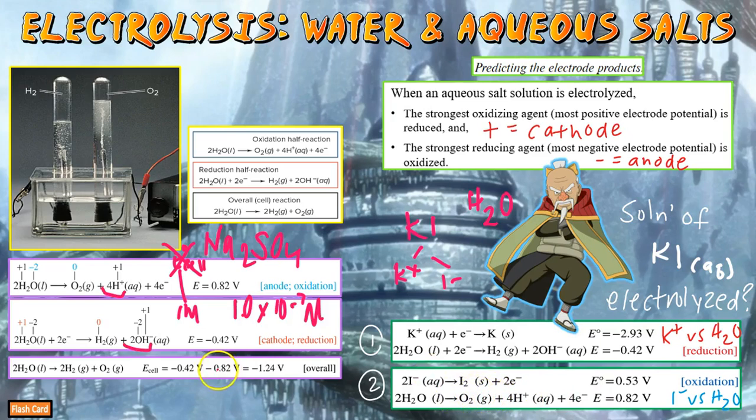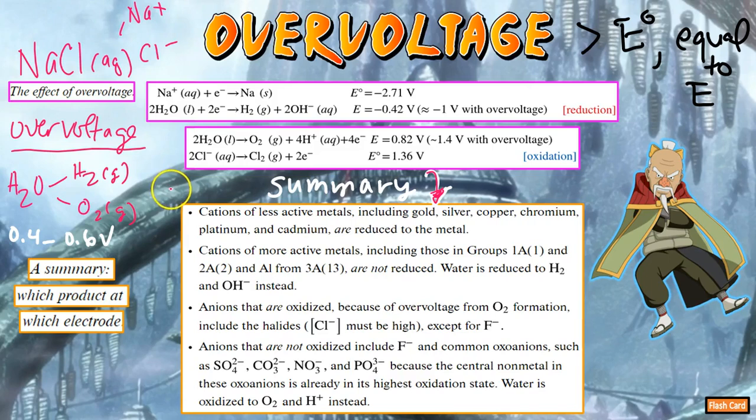Inoki then wants to dive into how additional voltage influences the actual products formed during electrolysis and helps explain why we have standard cell potentials and non-standard cell potentials being compared to one another. Inoki states, the products predicted from a comparison of electrode potentials are not always the actual products. For gases to be produced at metal electrodes, additional voltage is required. So overvoltage is going to be the additional voltage needed to produce gases at metal electrode.